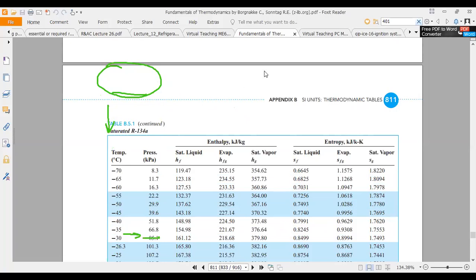So the saturation pressure corresponding to 40 degrees centigrade is seen from the steam table to be 1017 kilopascal.